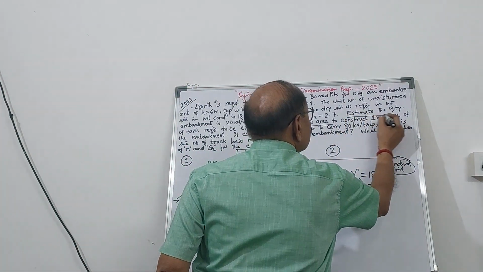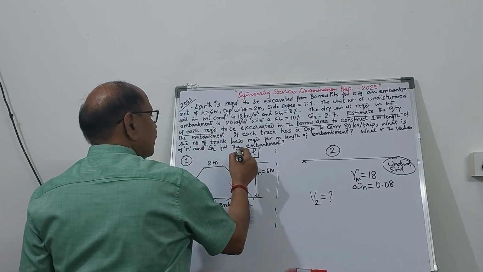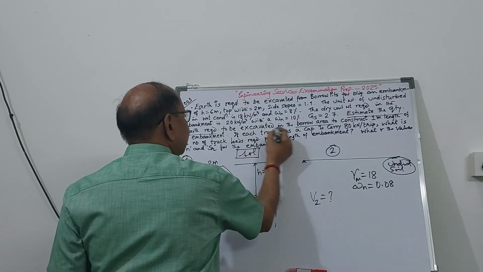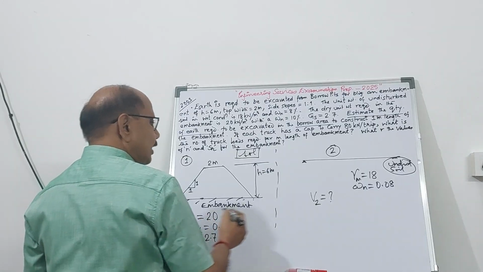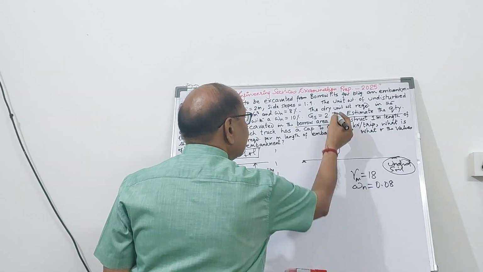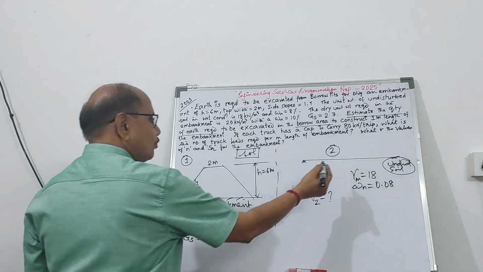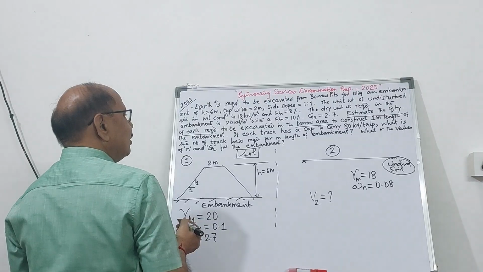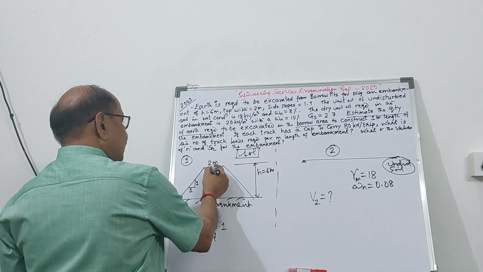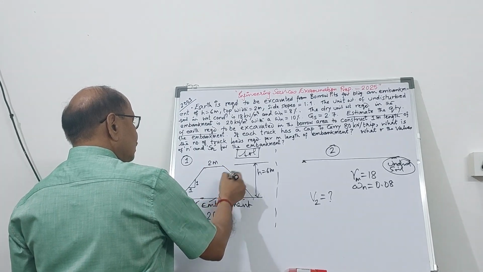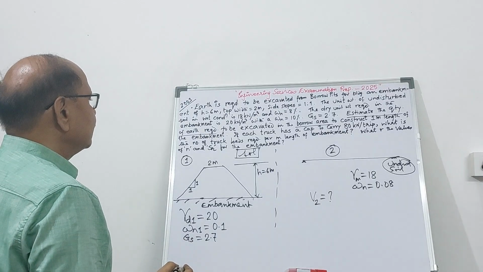Estimate the quantity of earth required to be excavated from the borrow area. That is V2. Let V2 is the quantity of earth required to be excavated from the undisturbed soil mass, which is the borrow area, so that you can construct the whole embankment like this, right?